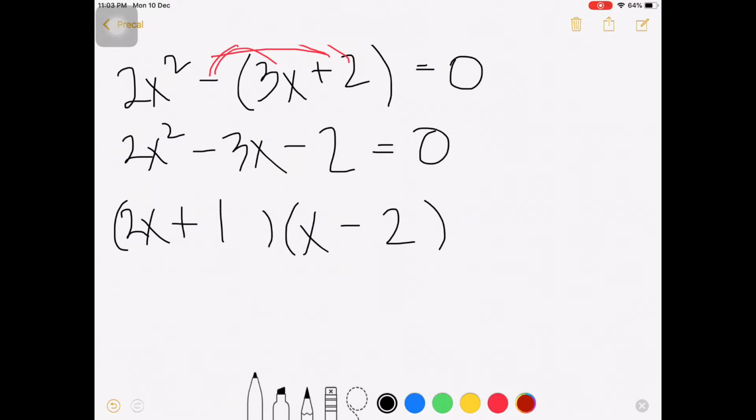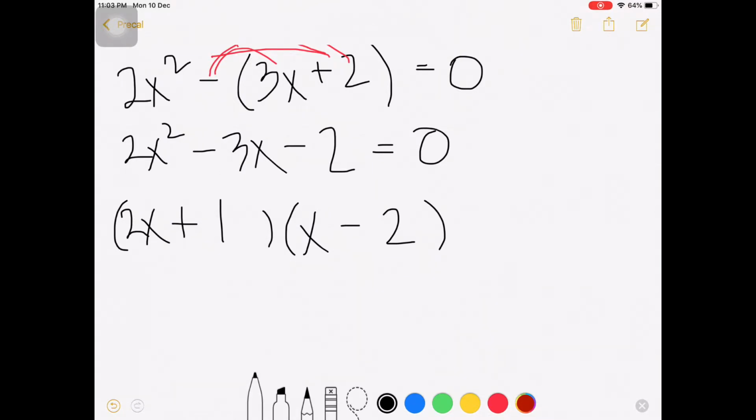I got that answer because there's a technique that I learned in school: when you multiply the inner terms and also multiply the outer terms, and then you get the sum or the difference of that, the answer should be the middle term in the equation.